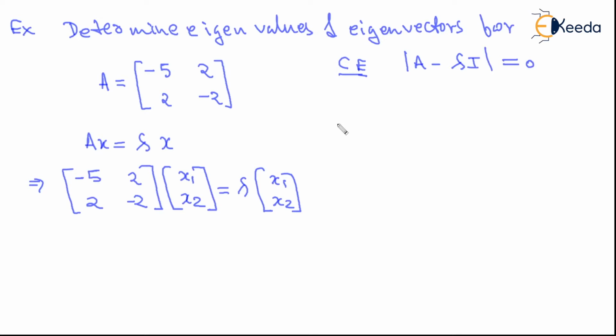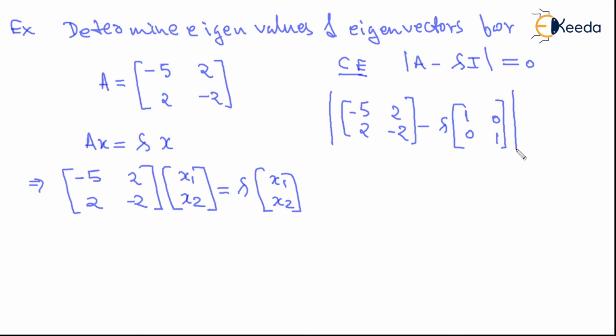So this can be [-5, 2; 2, -2] minus lambda times [1, 0; 0, 1], both of order 2, equal to 0.